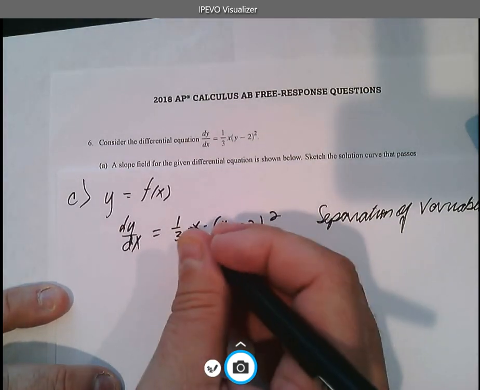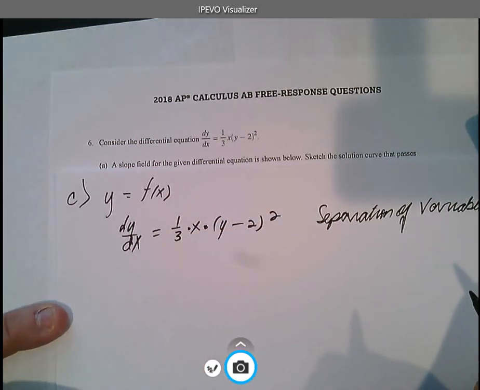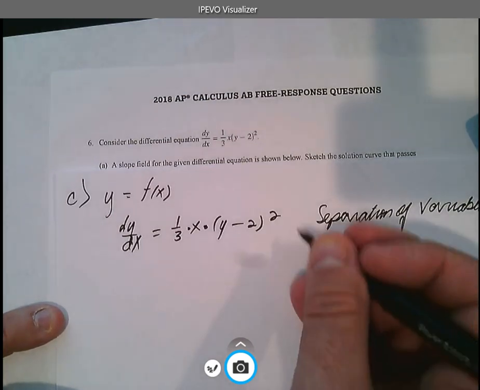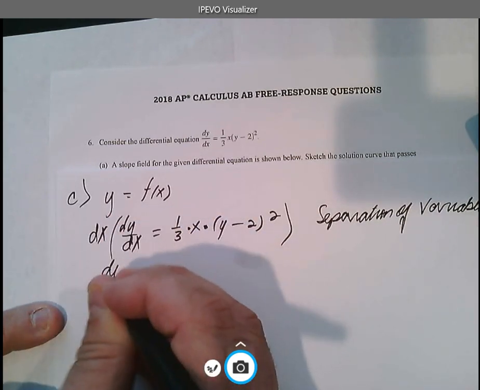I want to get all the x's and the dx on one side, the y's and dy on the other side. So I'm going to do that by multiplying both sides by dx.